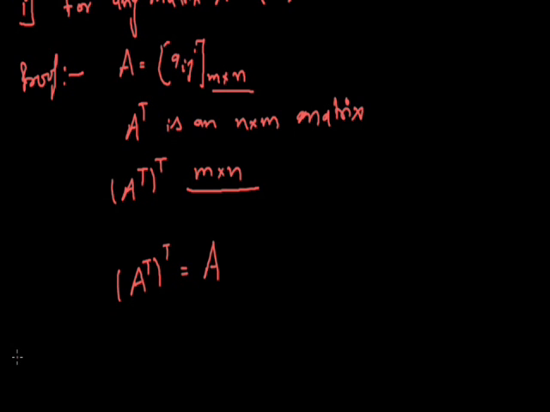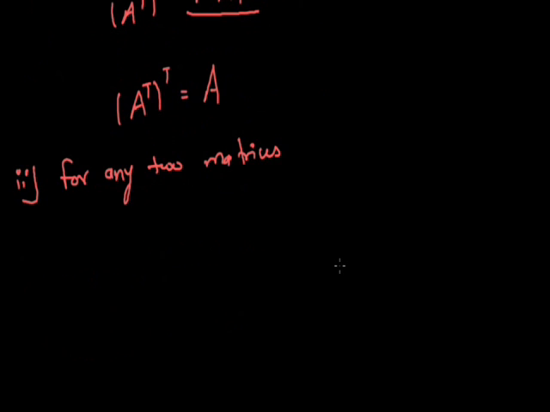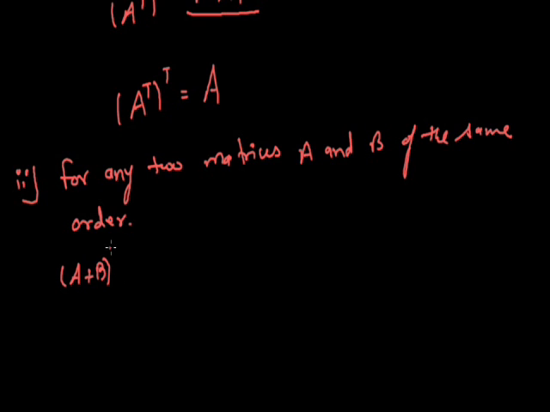Now the second property: for any two matrices A and B of the same order, A plus B whole transpose is equal to A transpose plus B transpose.